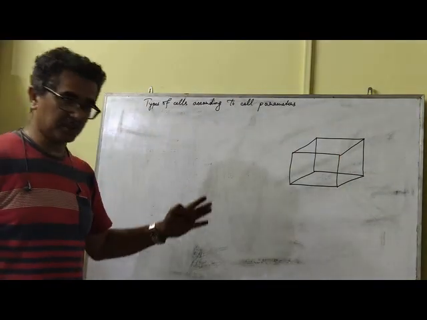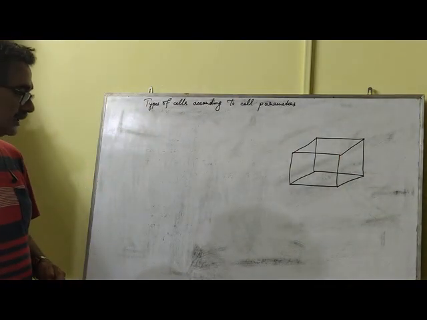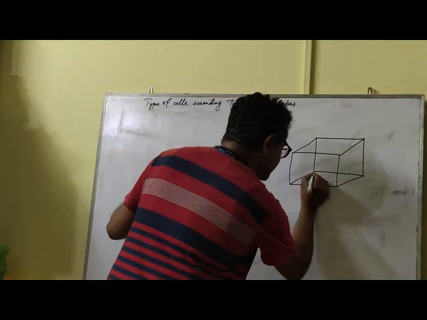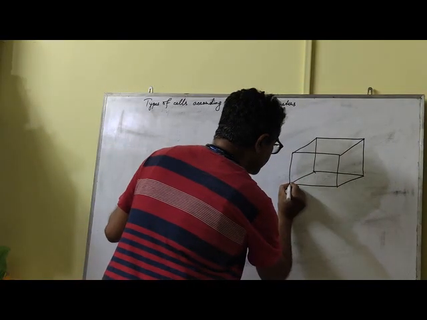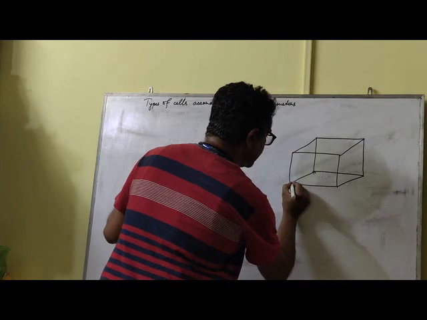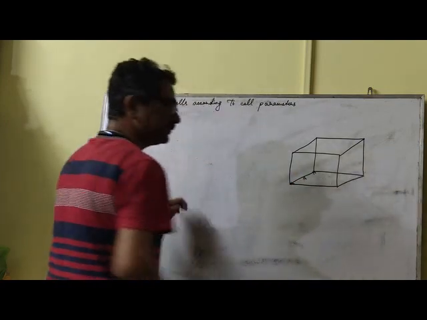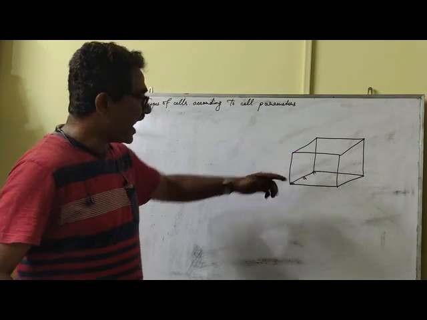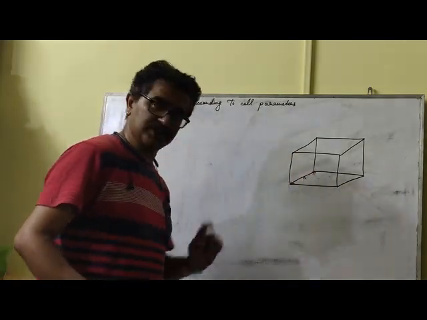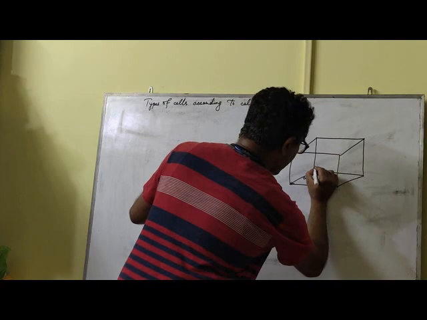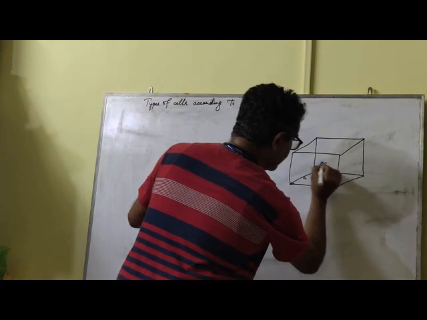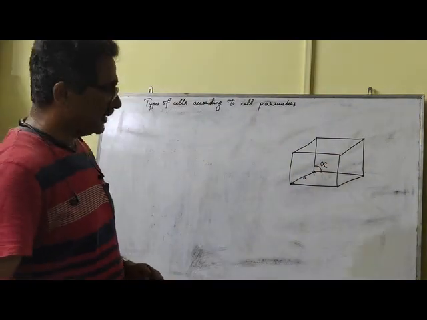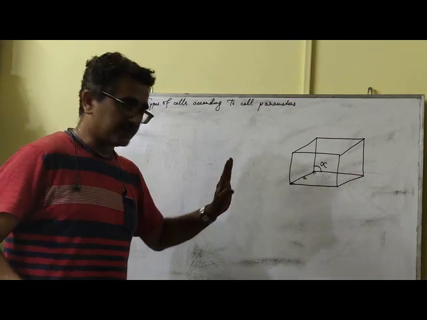So here we have a cube, and let this particular distance from here to here be A. So this particular distance is considered A, and the angle which is opposite to this we will consider to be alpha. So these are two parameters.